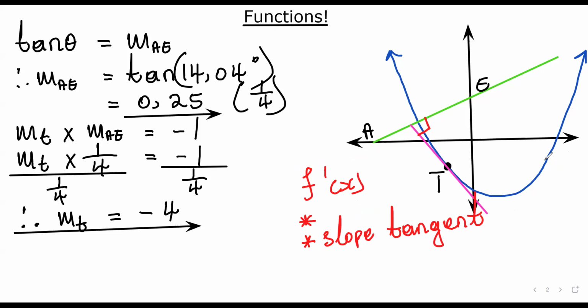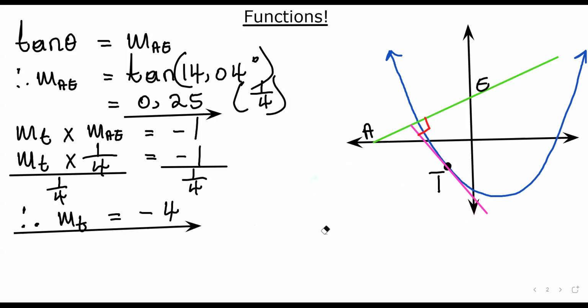Remember what you said. So in other words, where you see the gradient of a tangent, you actually see the derivative of a function. So what am I saying to you in simple language? Now that you know that the gradient of a tangent is the derivative of a function, it means you need to differentiate the function of f.